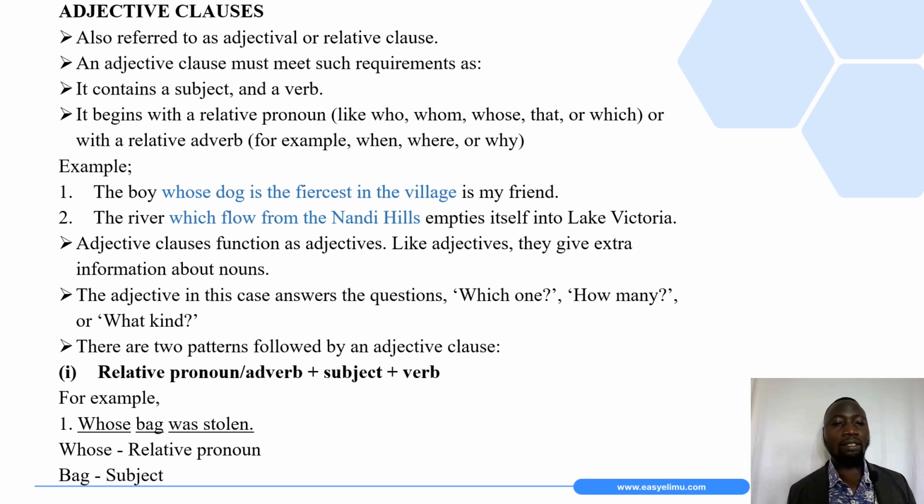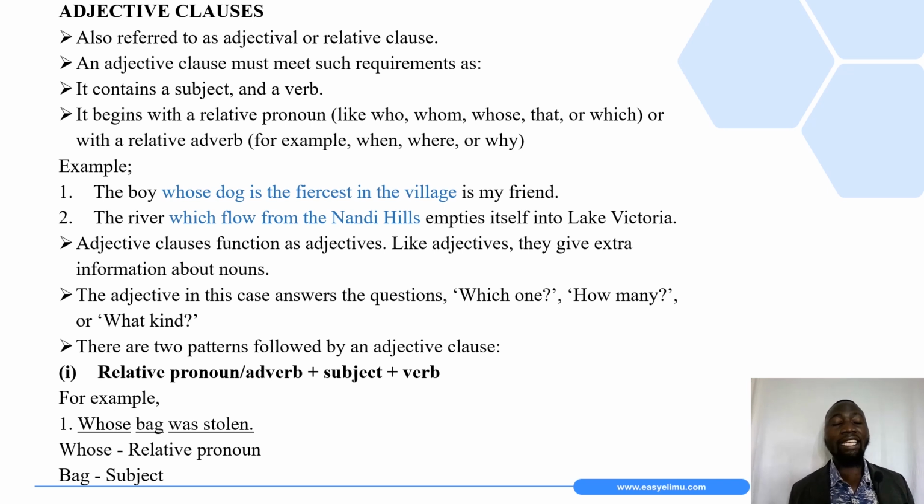In that sentence, the part introduced by the relative pronoun whose is our adjectival clause: whose dog is the fiercest in the village.